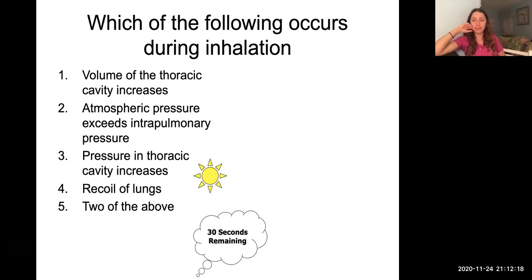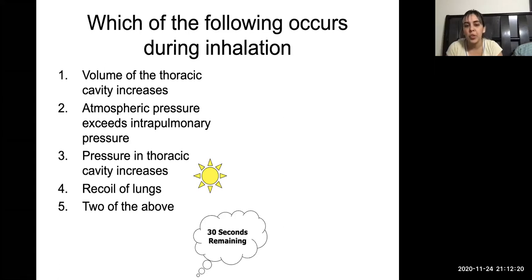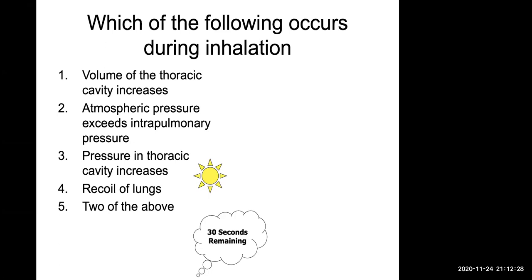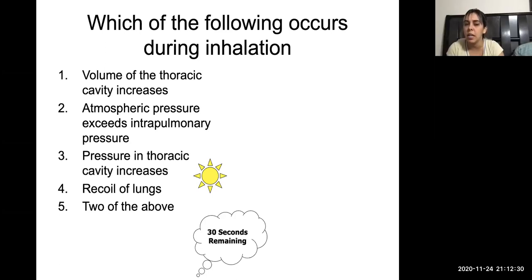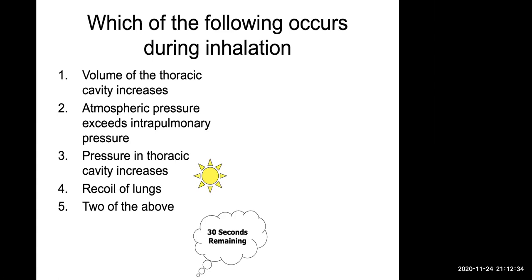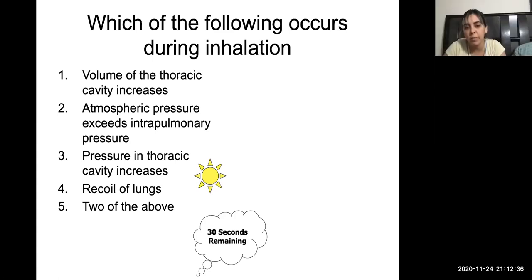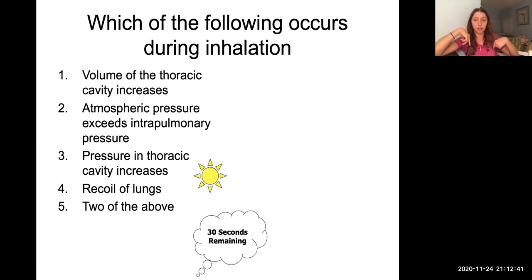If we go through them like you usually do, the atmospheric pressure has to exceed the intrapulmonary pressure in order for air to get in. So that's one of the answers. Doesn't the volume of the thoracic cavity increase? Yeah, the volume of the thoracic cavity will increase, and atmospheric pressure will decrease relative to the inside, allowing air to flow from high atmospheric pressure to low, and this allows the air in.